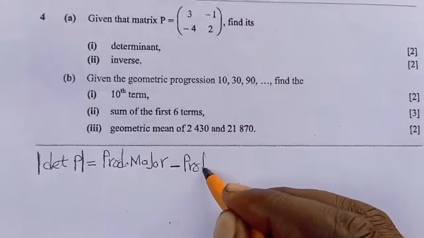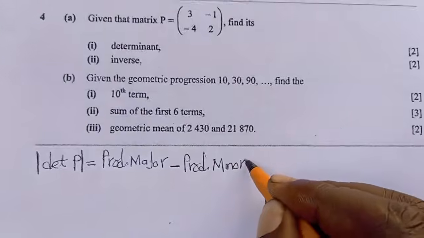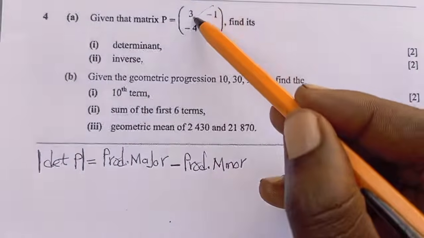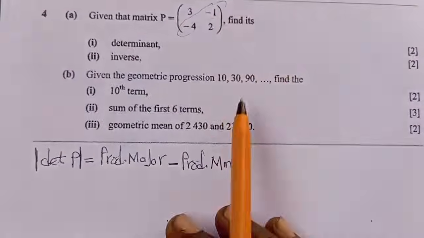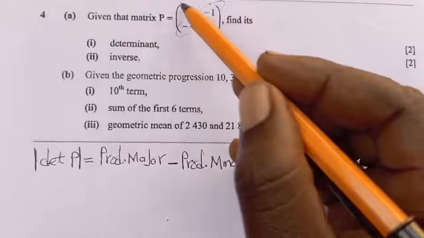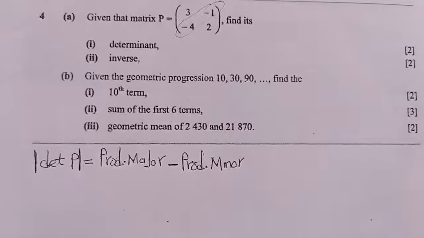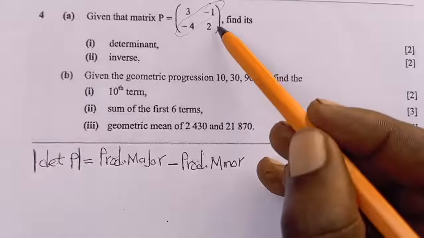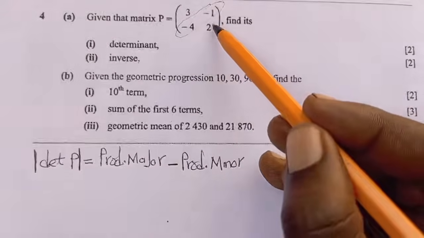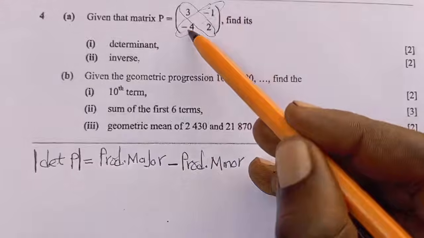When I say minor diagonal, I guess you know what I'm talking about. The minor diagonal is this one on this side. Then this one that is here, this is what we call the major diagonal. Then this one is the minor.